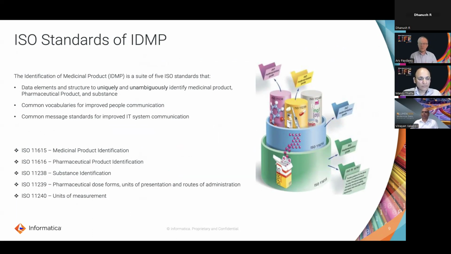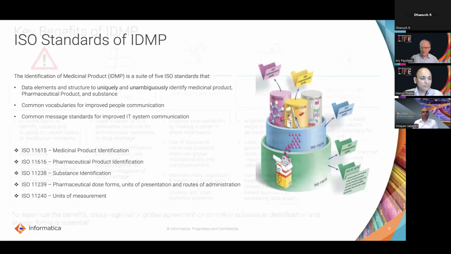So there are crucial data elements and structures that are defined to uniquely identify these medicinal products. The other piece is a set of common vocabularies for the communication side of things between people, companies, agencies, and so forth. And then obviously HL7, the common standard for exchanging that information.